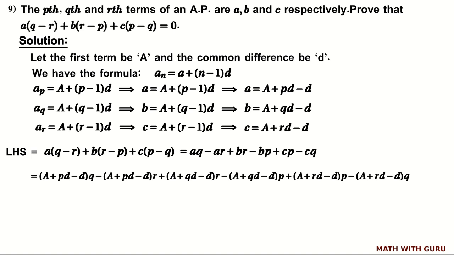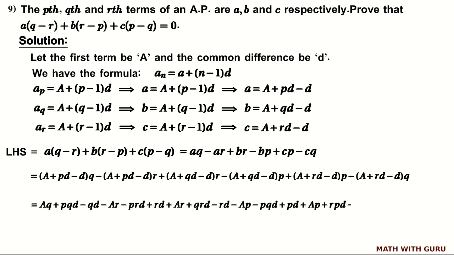Aq plus pqD minus qD minus Ar minus prD plus rD, Ar plus qrD minus rD minus Ap minus pqD plus pD plus Ap plus rpD minus pD minus Aq minus qrD plus qD.